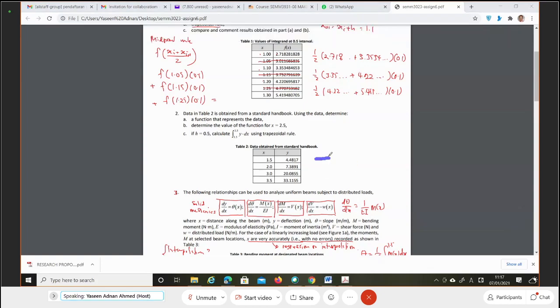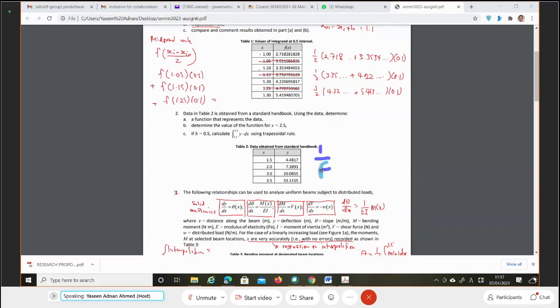Theta should be 1 over EI times the integration of m. This 1 over EI is constant, right? So you can consider it as constant and just integrate m. You use Simpson's first rule, second rule, whichever you want.